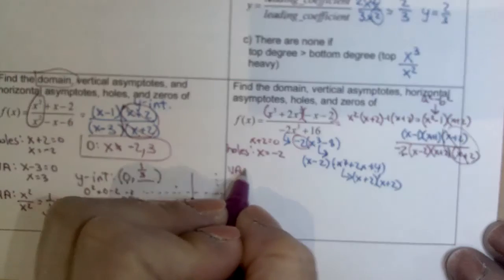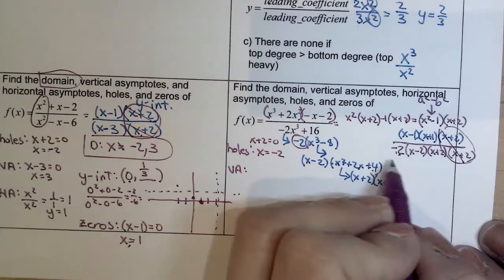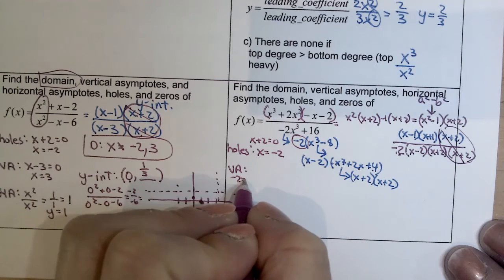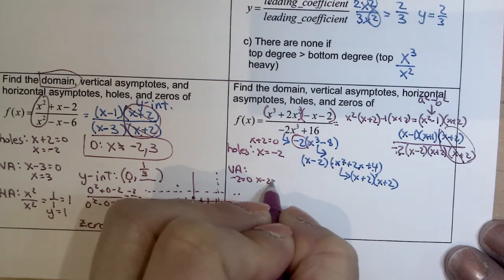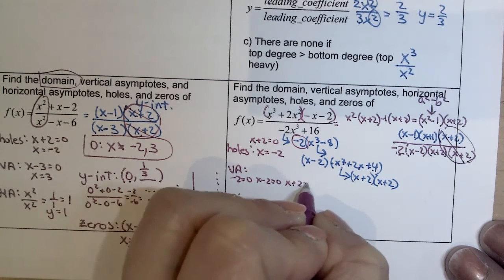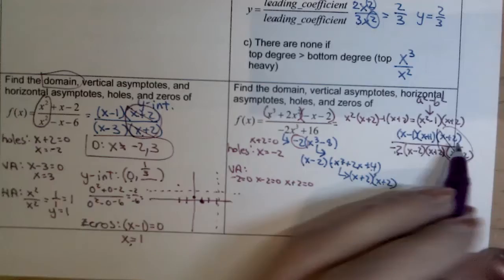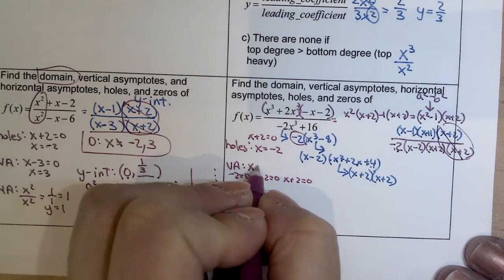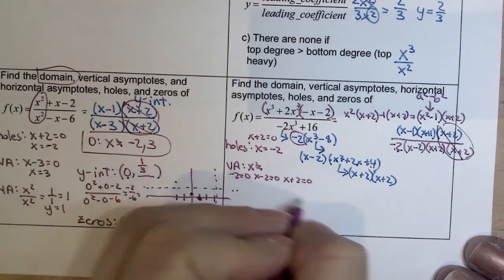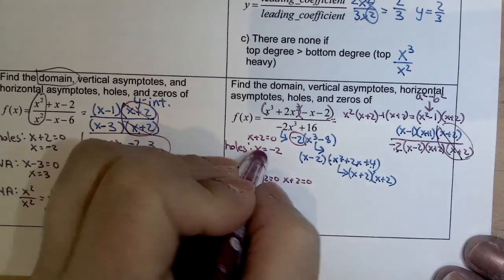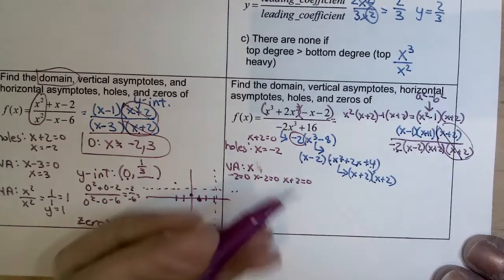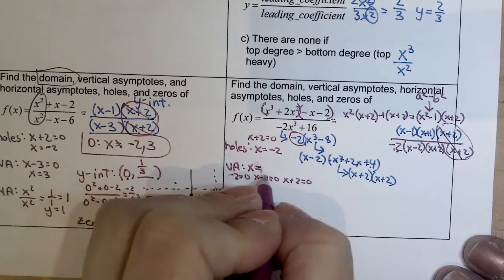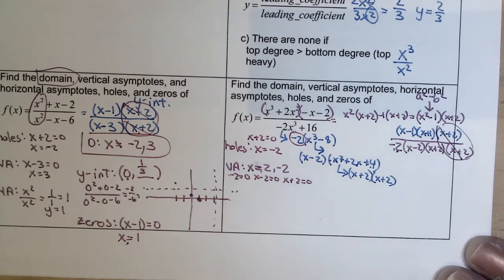Okay, vertical asymptotes. Now I'm going to look at my other stuff here. So I'm going to set -2 equal to 0, I'm going to set x minus 2 equal to 0, and I'm going to set x plus 2 equal to 0. Here I get x cannot equal, right? So I have vertical asymptotes. I guess I'll go ahead and just leave it as x equals, because we're not on our domain yet. So x equals 2 and -2.